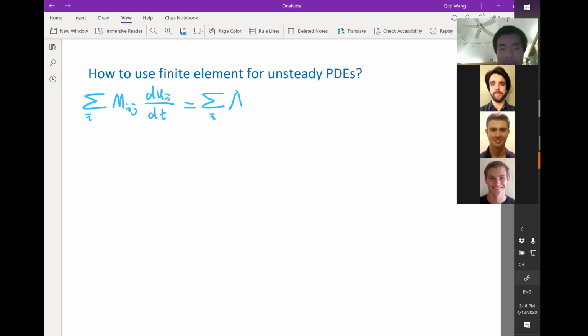I use A here, but in a lot of finite element literature, they use K for the stiffness matrix, Kij times ui here, plus Bj, right? Well, I think we have a minus kappa multiplied here. So essentially we have derived something like this.